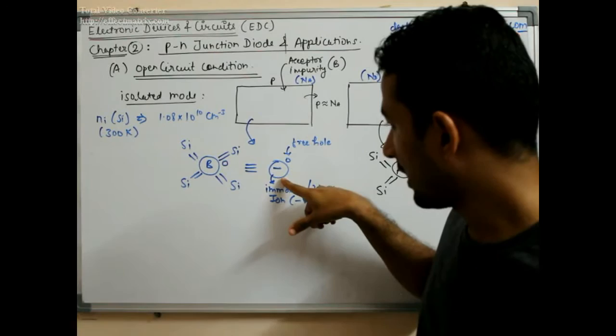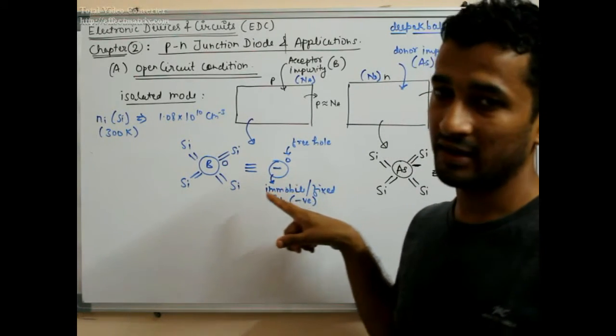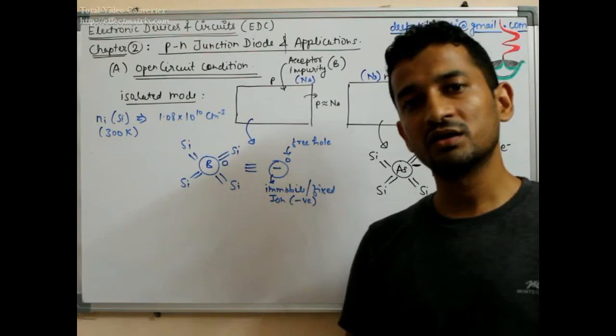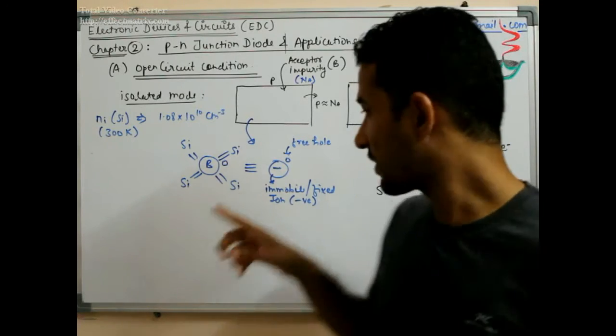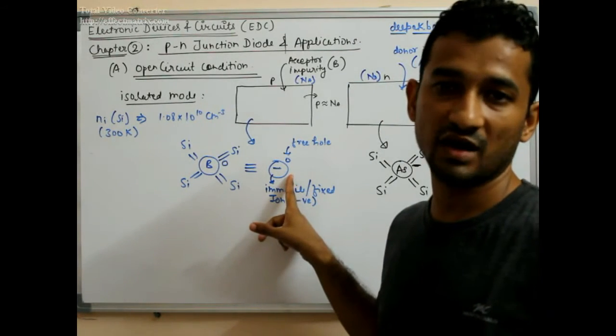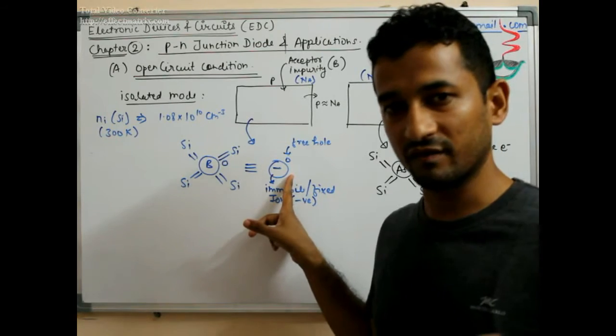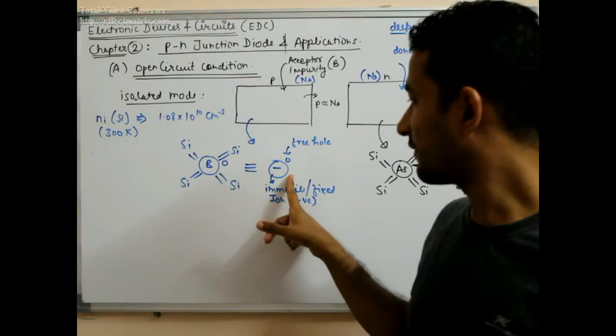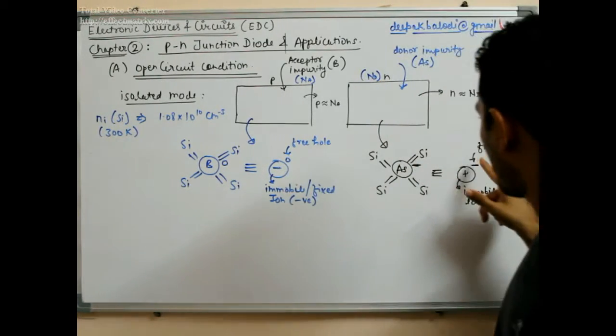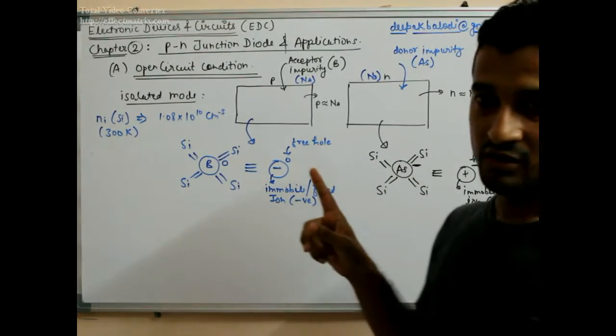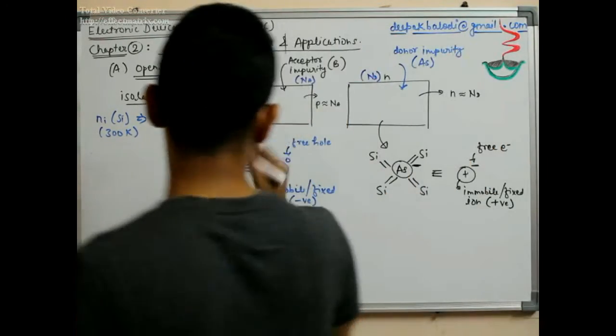So the remaining ion is actually immobile in nature. So for the conduction point of view, we should not focus this immobile or fixed ion. They are not of use, they are not of interest. The only thing of interest is either free hole or free electron. So therefore now the picture is this.